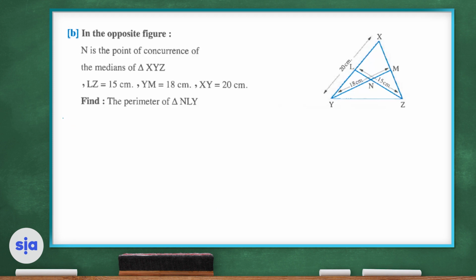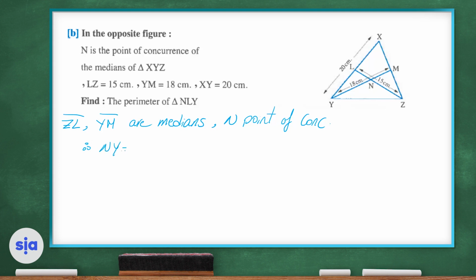As long as XL, YM are medians, where N is the point of concurrence, therefore NY is 2/3 YM. So NY is 2/3 the 18, which is 12 centimeters long.